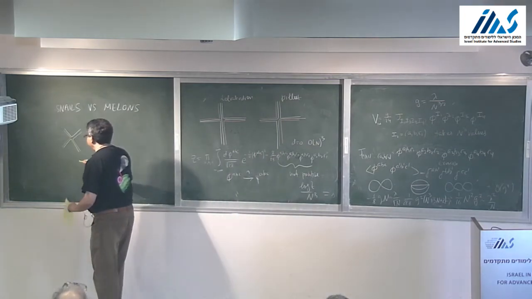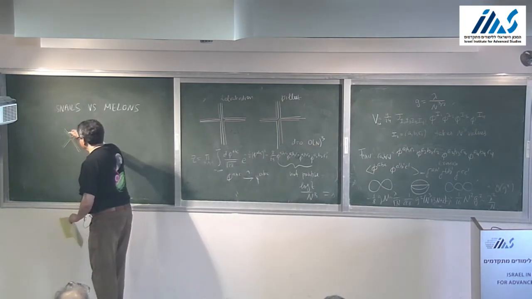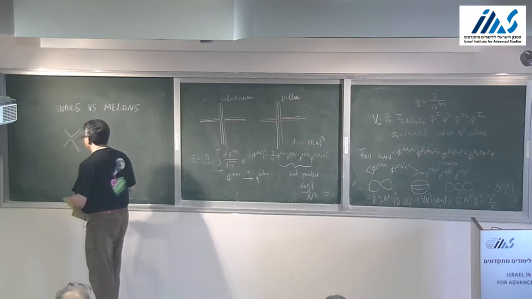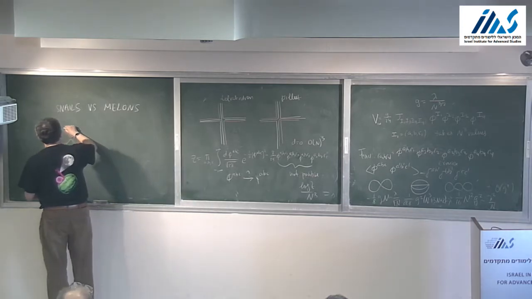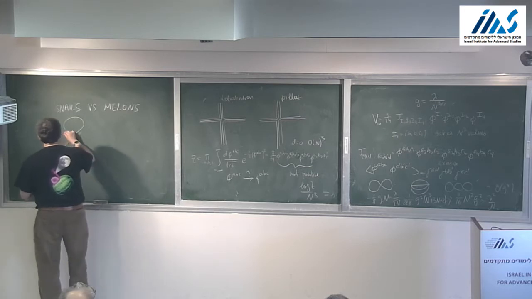And let's first do this in the matrix model. In the matrix model, the vertex looks like just this planar vertex, and then you basically connect this line and this line like this, and this one and this one.